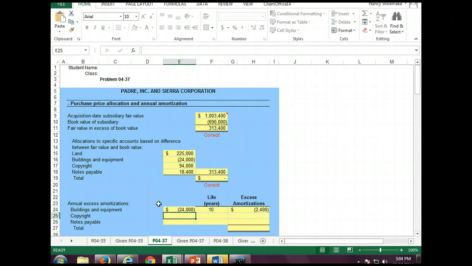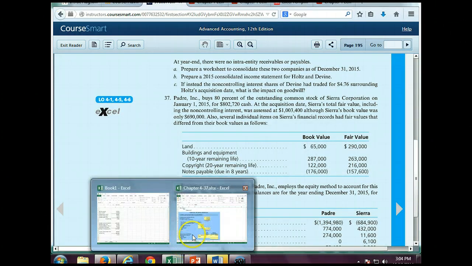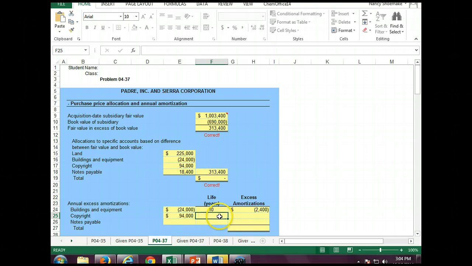The copyright shows us 94,000, and I thought that was over 20 years. 20-year remaining useful life. Who can help me with that one? 94,000 divided by 20 years? It's about 4,000? What? 4,700. 4,700. Then our notes payable is at 18,400. 8 years.